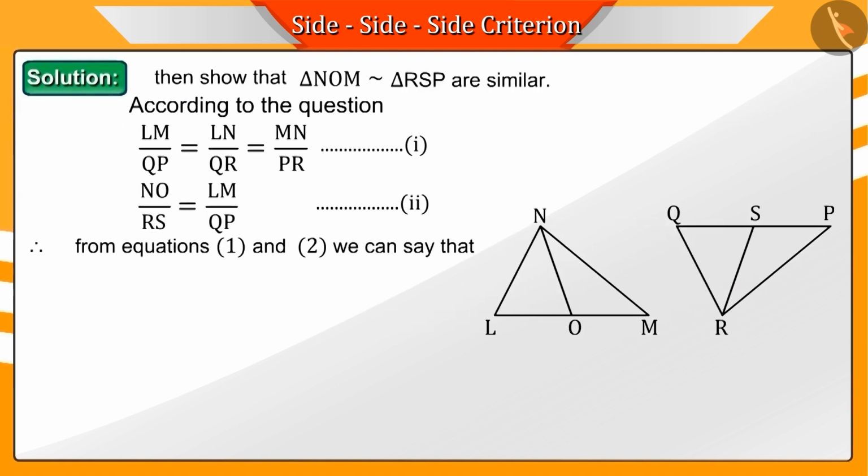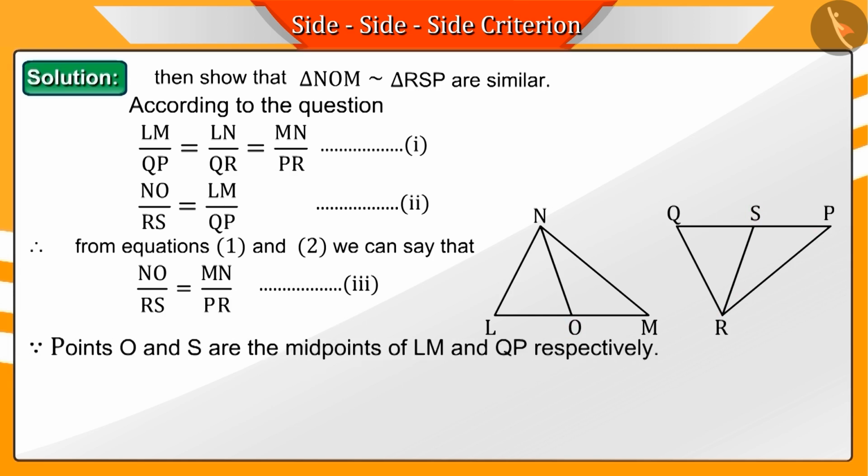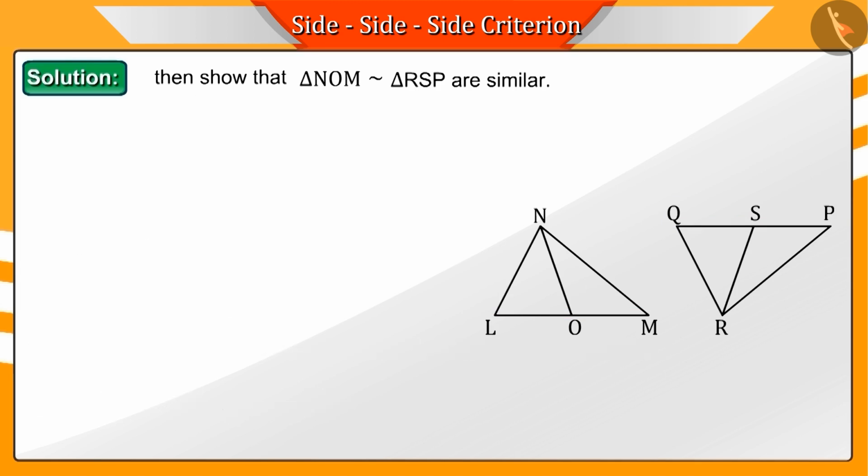Hence, from equations 1 and 2, we can say that NO by RS equals MN by PR, which is represented by equation 3. Because from the figure, we can say that points O and S are the midpoints of LM and QP respectively. Hence, 2OM by 2SP equals MN by PR, which we represent by equation 4.